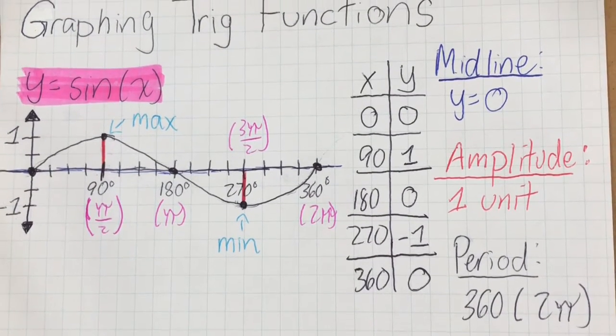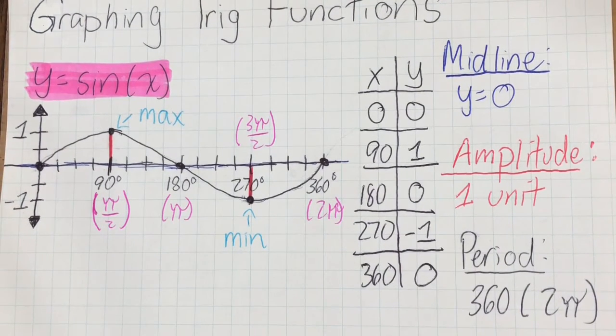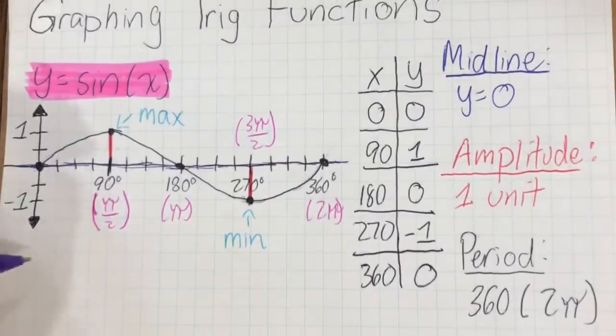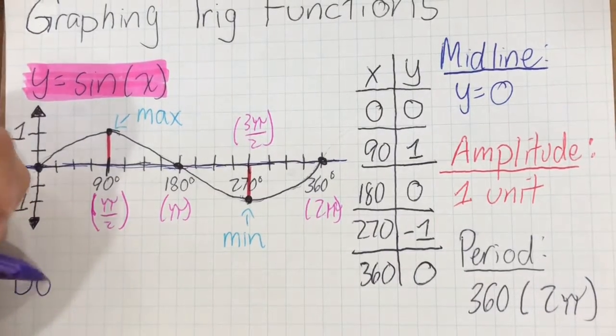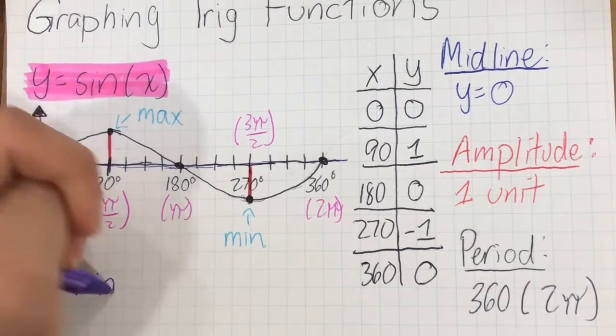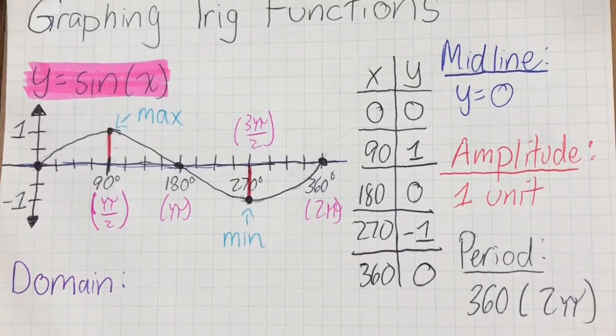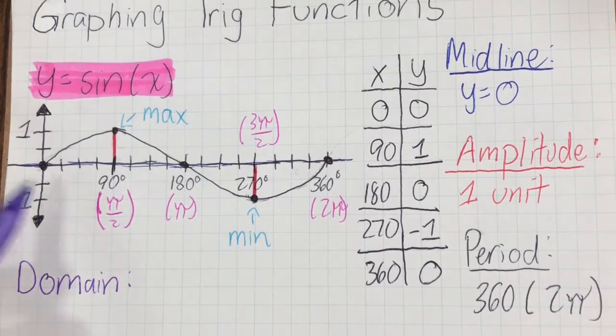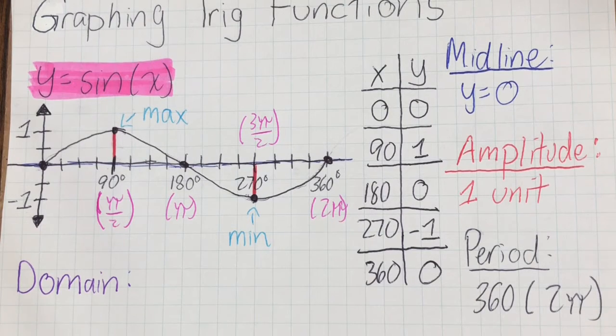All right? So then let's identify the domain and range for this graph. So I have my domain. So the domain for this graph, if you take a look, we're looking at the right side of the x-axis, which are positive values.